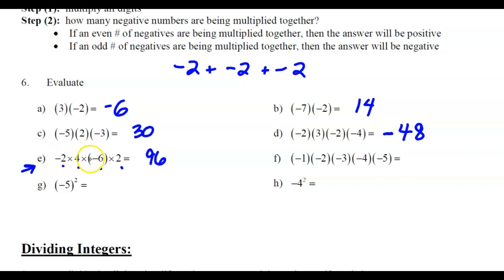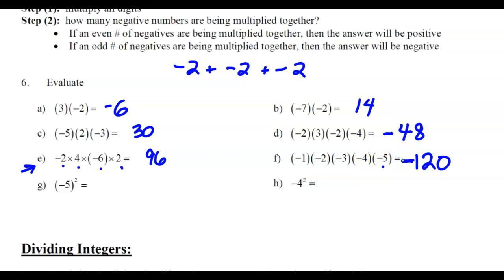Okay, and then there's 1, 2 negatives, so it's a positive answer. Next one, 1 times 2 times 3 times 4 times 5, so just the digits. So 1 times 2 times 3 is 6, 4 times 5 is 20, 6 times 20 is 120. And 1, 2, 3, 4, 5 negatives, so the answer is negative.